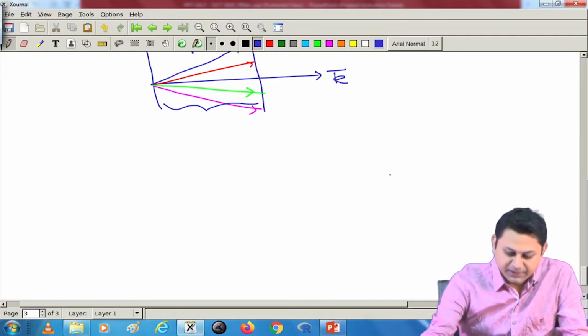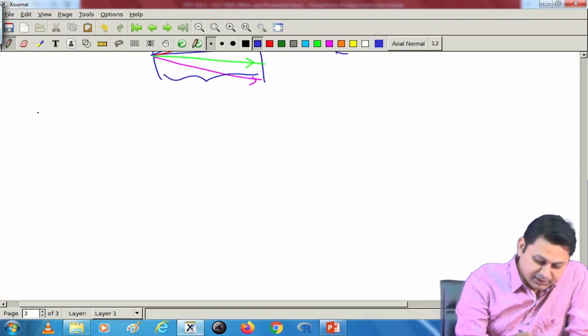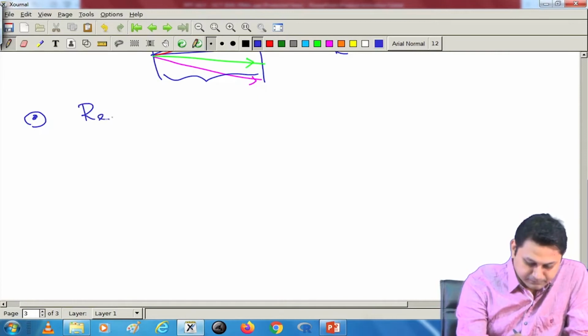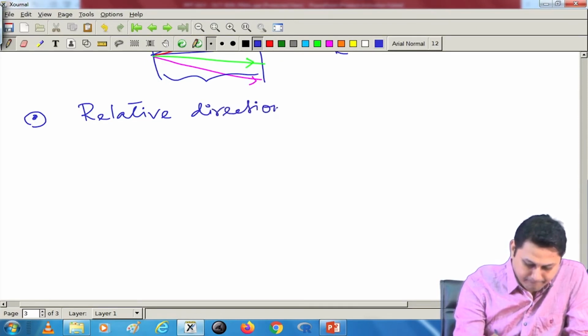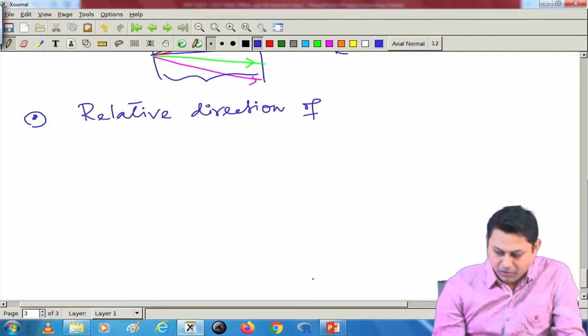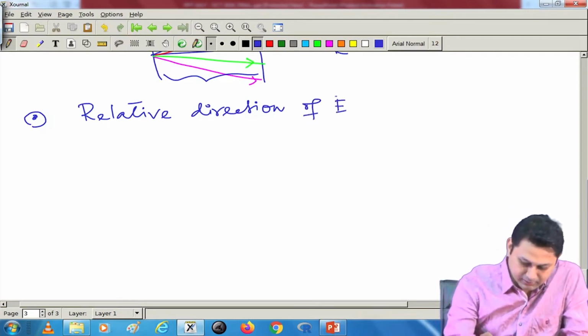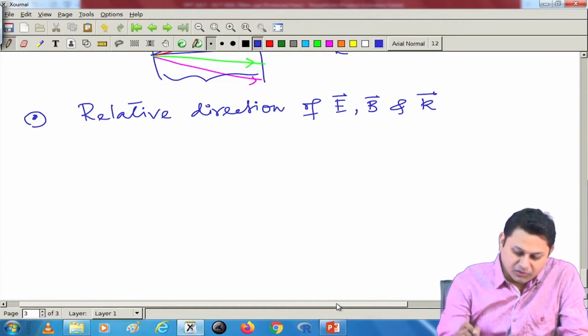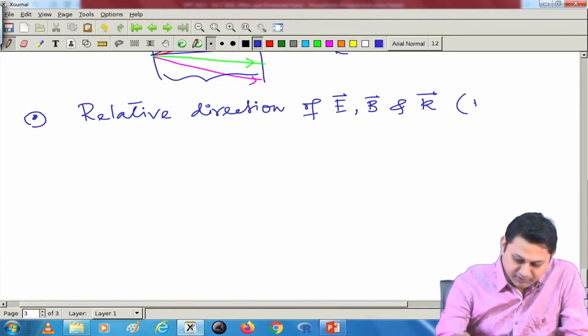Now, after having the plane wave solution, the next important thing we are going to understand quickly is the relative direction of E, B and k. So, 3 vector quantities we have. So, we are going to find out the relative direction of these in free space.